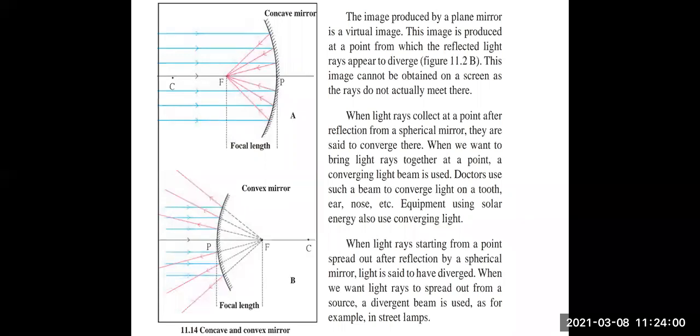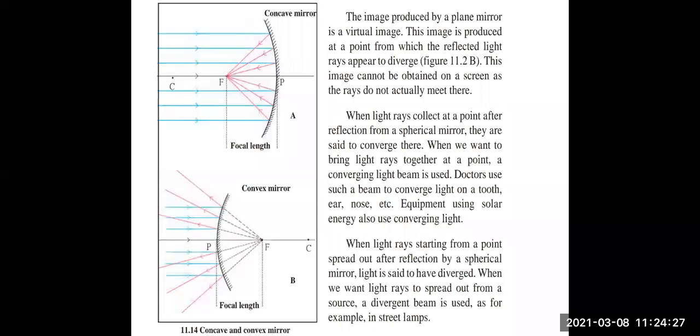When an incident ray is parallel to the principal axis, the reflected ray passes through the principal focus. I am revising these rules again and again so that you will understand the importance of these 3 rules, and all the images of concave and convex mirrors which we are studying now are based only on these 3 rules.